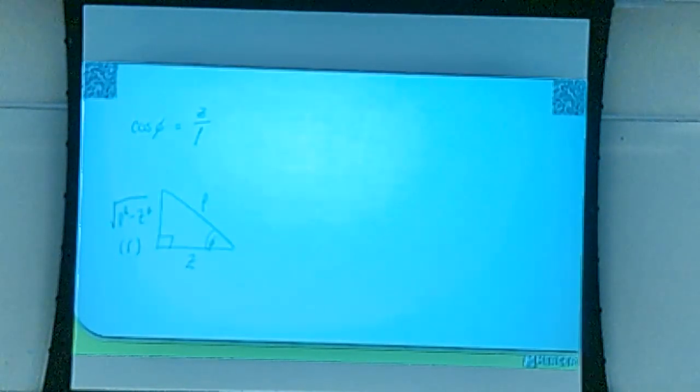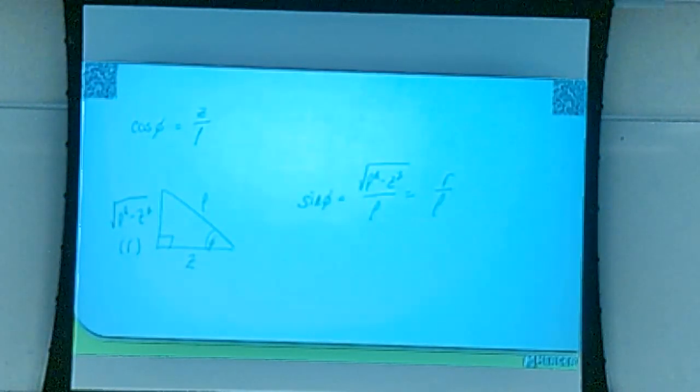Now, what's sine of phi? Square root of rho squared minus z squared over rho, sorry, which would be r over rho, where r is the square root of x squared plus y squared.